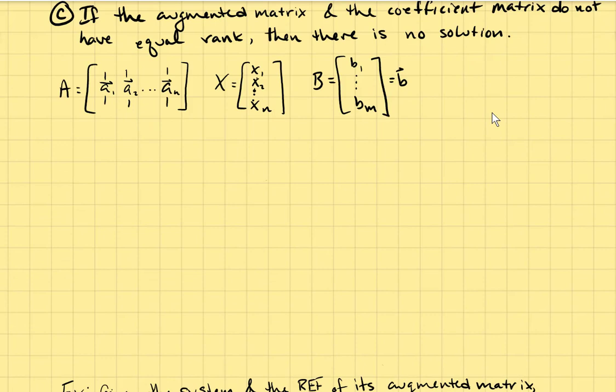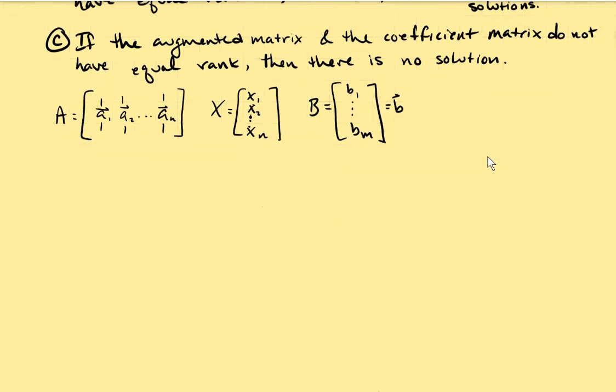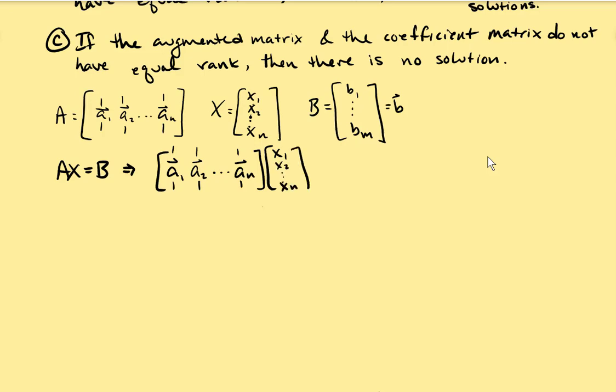So notice that writing the system AX equals B is the same as writing the matrix whose columns are the column vectors, all the way out to the nth column vector, times these x values in a column vector, equals this constant vector.